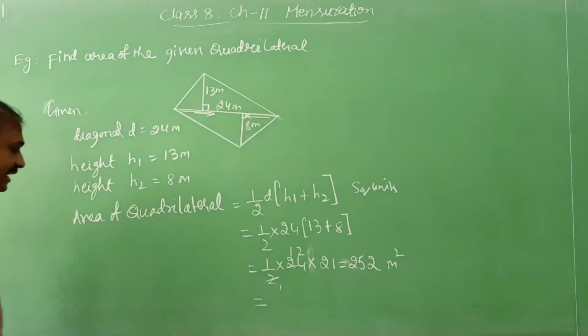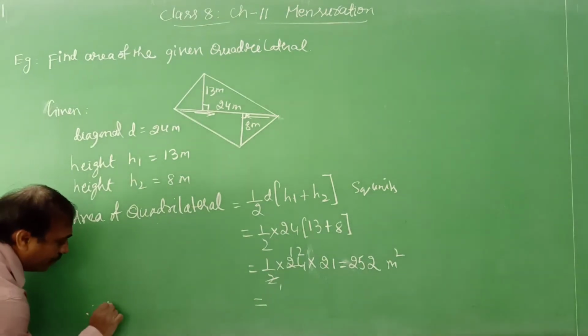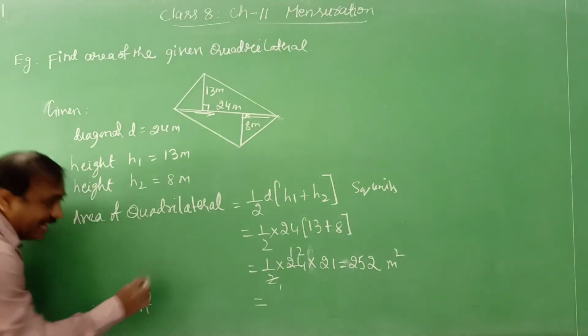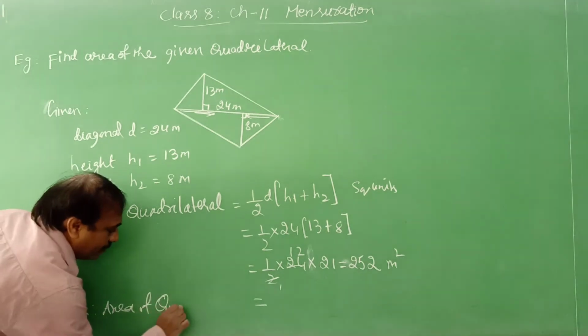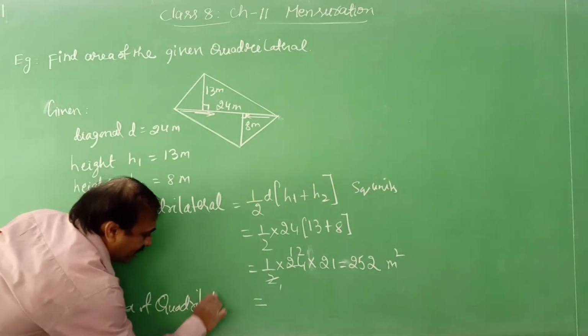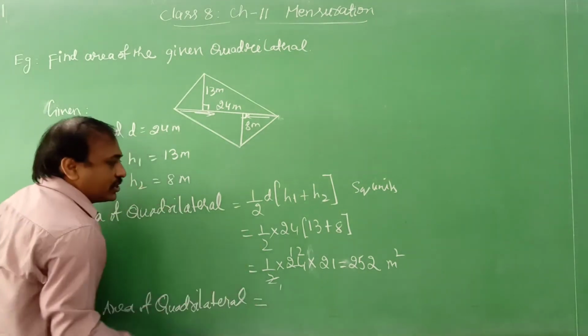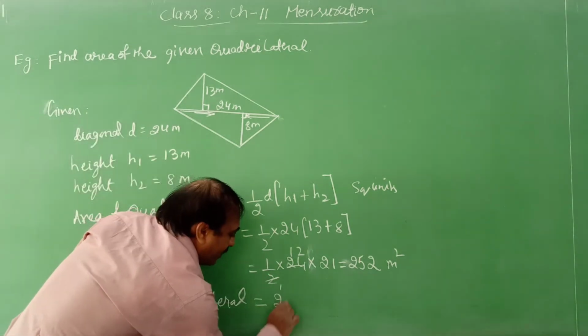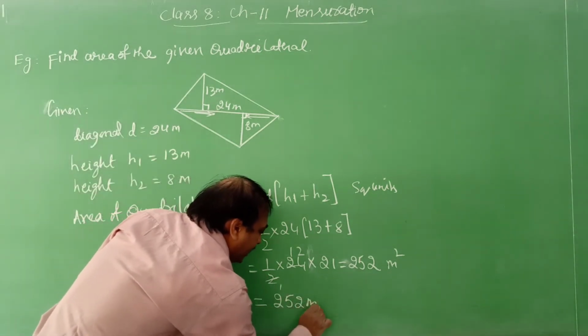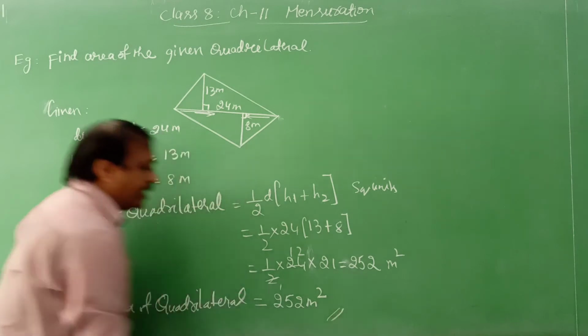Therefore, the area of the quadrilateral is equal to 252 meter square.